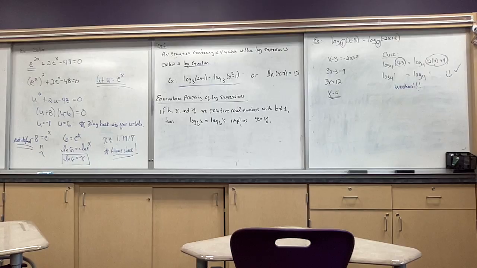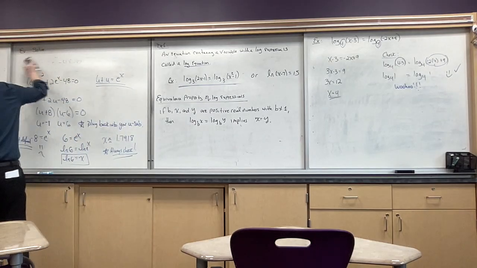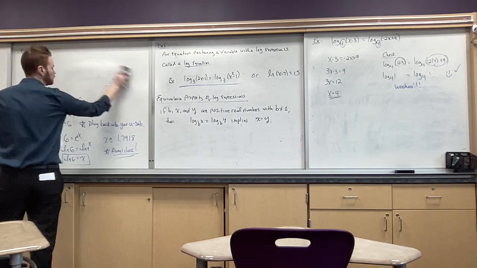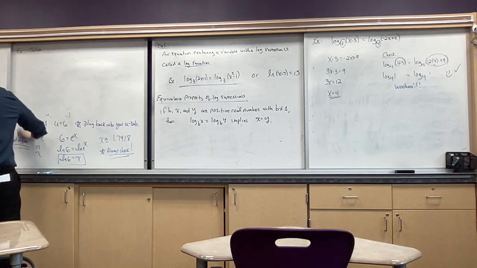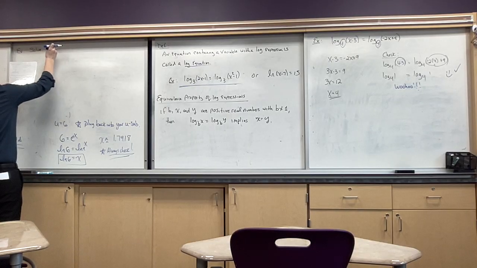All right. Okay, so far so good. Now, let me give you an example where they don't work, okay? So let's do one of those. You know what, let's put this in parentheses.